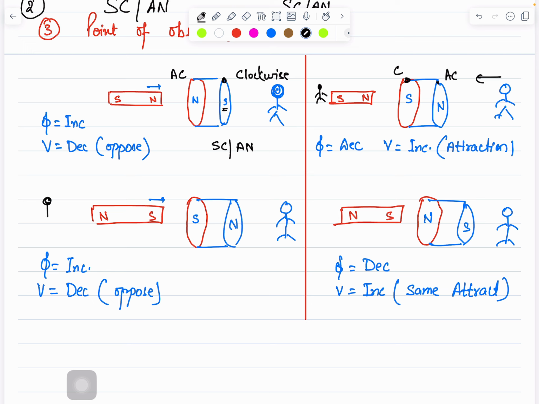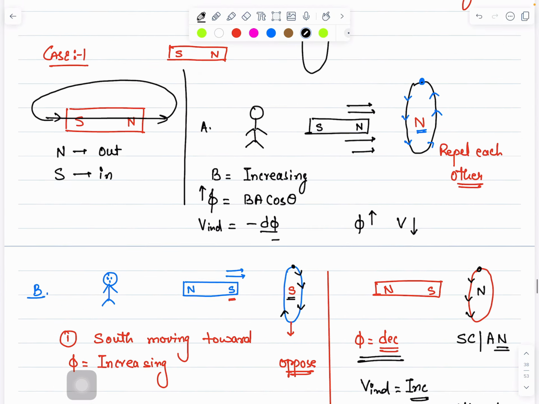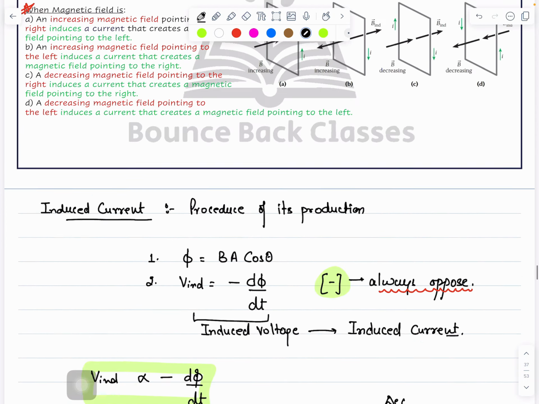If you observe from here, it should be clock, and if you observe from here, it should be anti-clock. If you are observing from this side, the result is anti-clock, and here the result is clock. Guys, clear now? Fine.